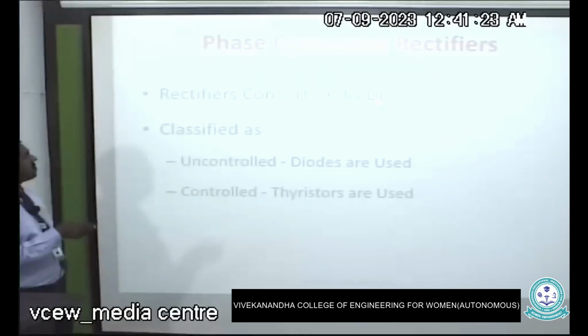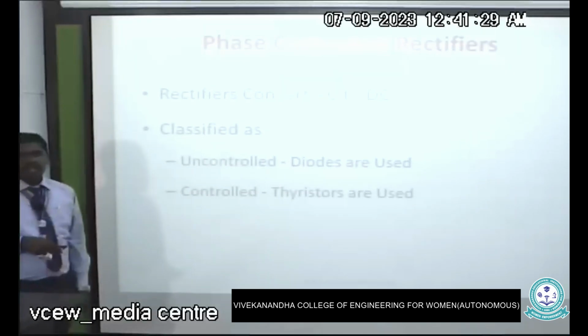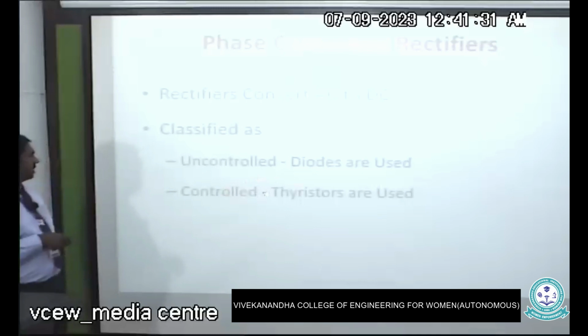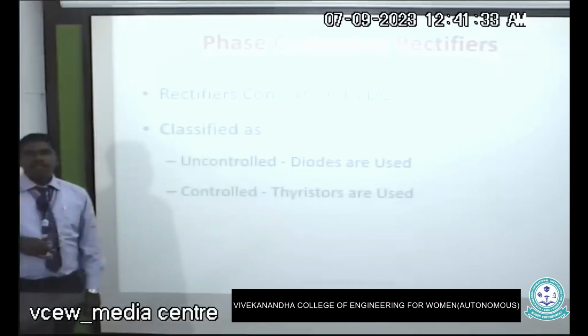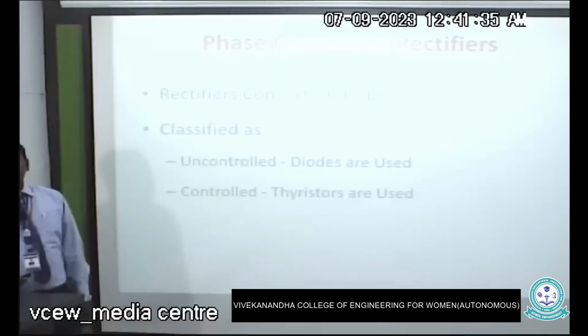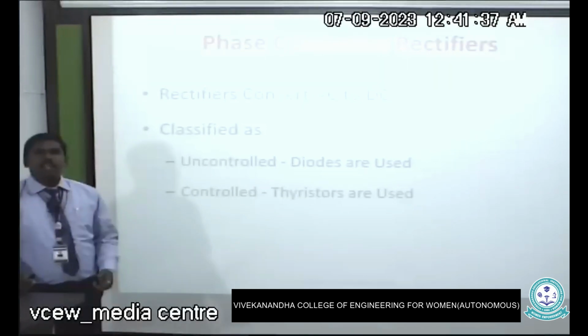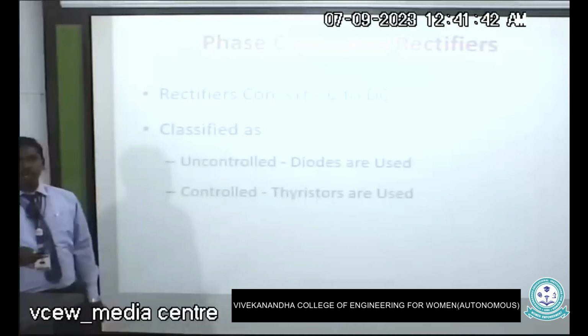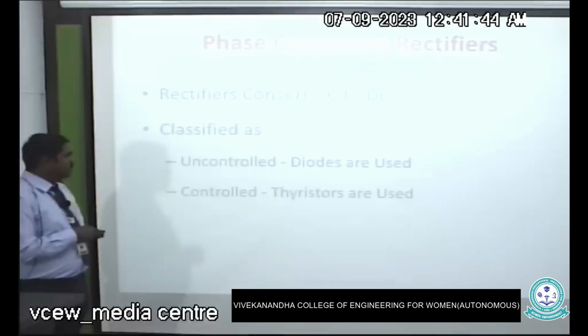direct current. This conversion is classified into two types: one is the uncontrolled converter, and then the controlled converter. Uncontrolled converter means we use diodes as the conversion electronic component. In the controlled converter, thyristors are used.